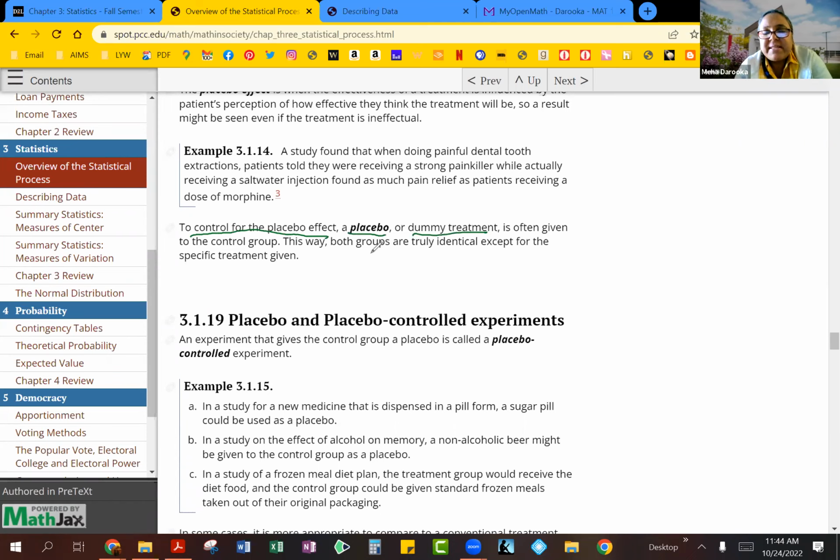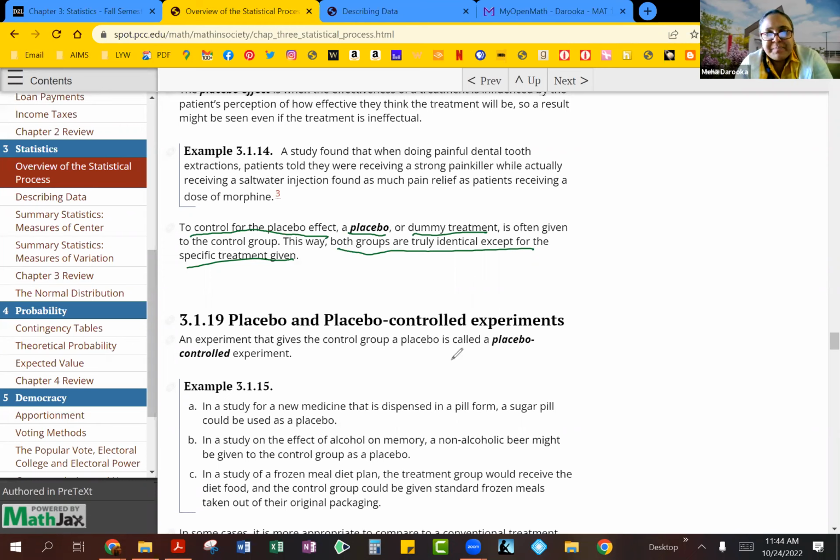In this way, both groups know they are receiving something. They just don't know which one is actually getting the real medicine and which one is getting a sugar pill, right? So that's how we try to work around the placebo effect. The control group is also getting a pill, but it's not the real medicine. And the treatment group is the one getting the real headache medicine or whatever the case might be. And that's how you control your placebo effect.